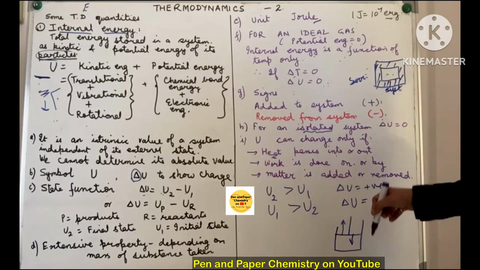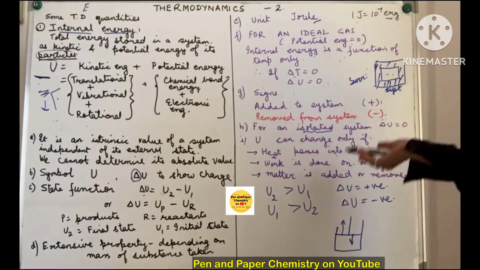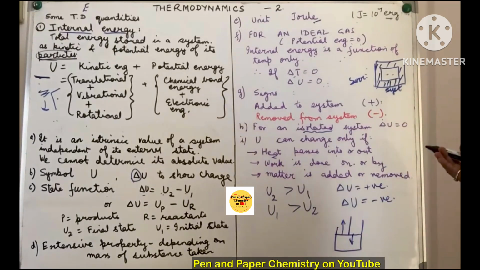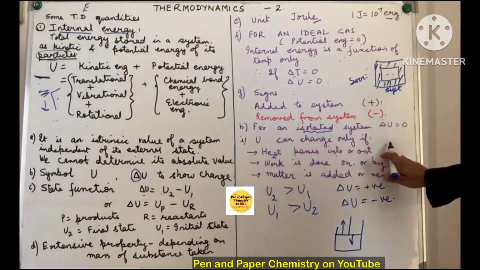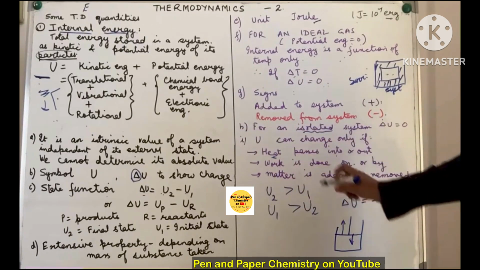It's positive. Internal energy increases. When work is being done by the system, that means the gas is expanding. Then work is being done by the system means internal energy decreases, provided we are not considering the heat over here, because later on when you study, we shall see that heat also has a role to play.